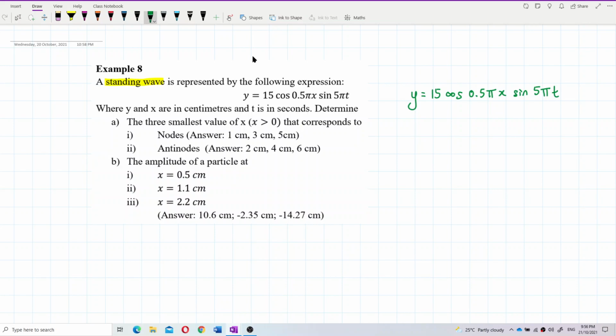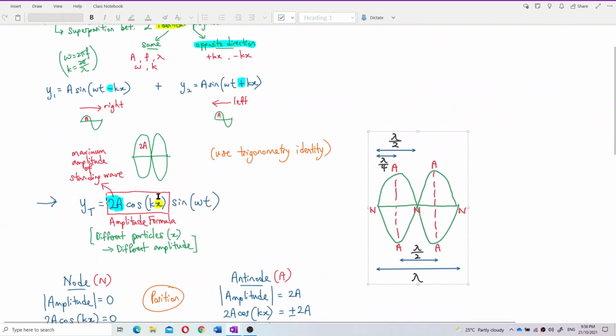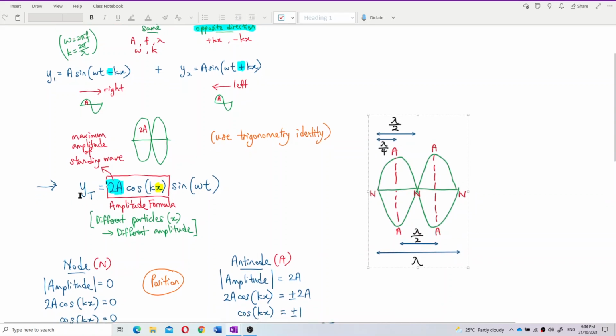So what's the general formula for standing wave? The general formula for standing wave is this one: y total equal to 2a cos kx sine omega t.